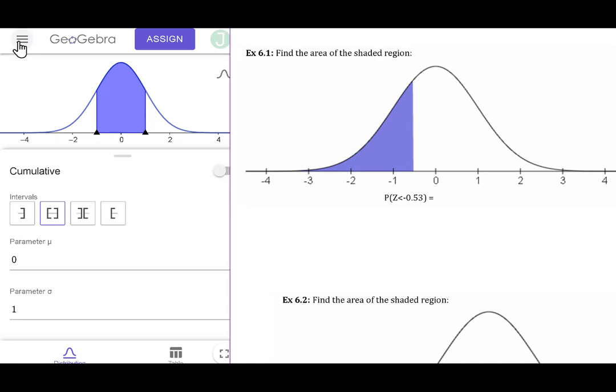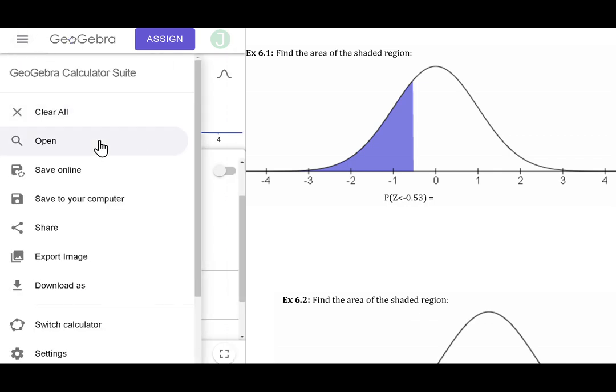So within GeoGebra, if you are using the app-based GeoGebra software, so if you're on an iPad, or an iPhone or an Android phone, make sure that you download the GeoGebra Calculator Suite from the App Store. If you are using the web-based GeoGebra, we can choose the different type of calculator either way, whether it's app-based or web-based.